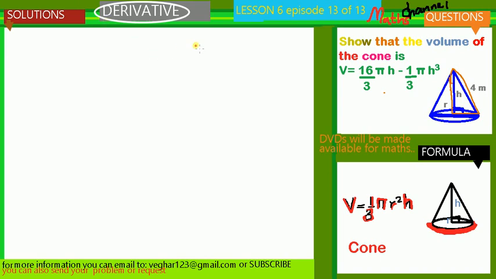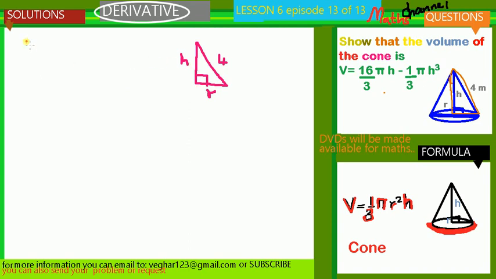So you'll draw nicely. Because we are given h and given r and 4, here we can use the Pythagoras theorem because the angle here is 90 degrees and the other side is given.